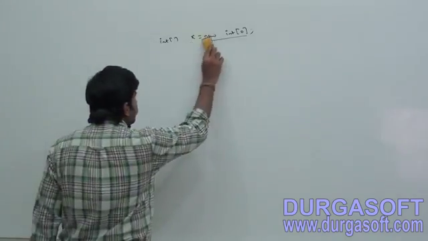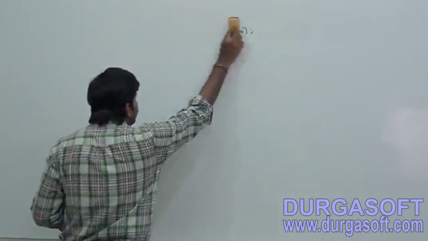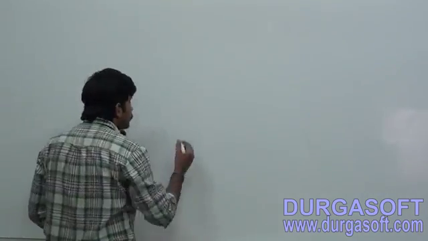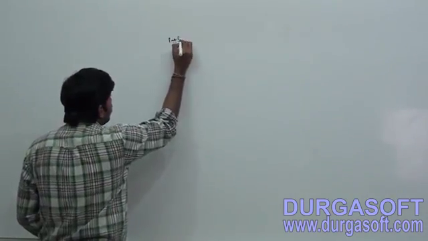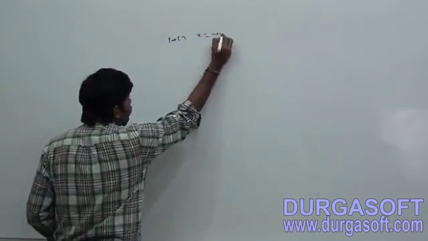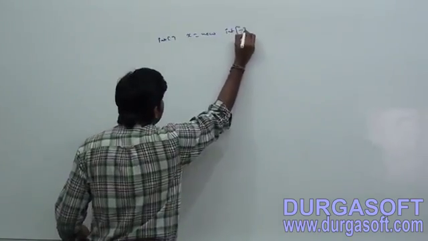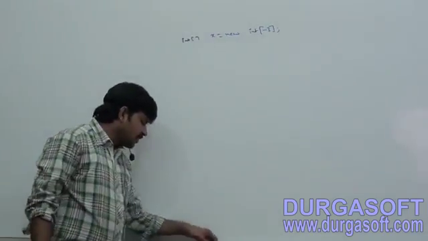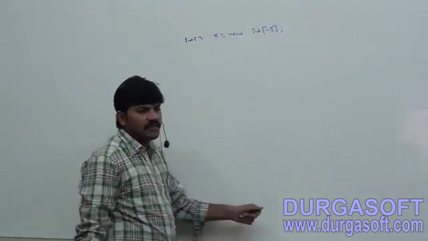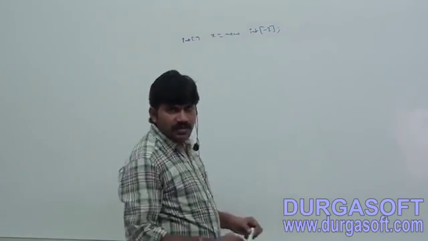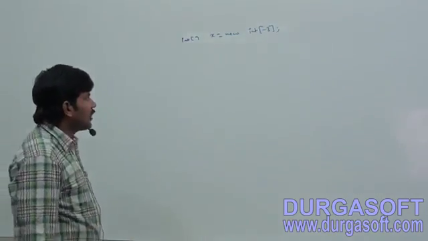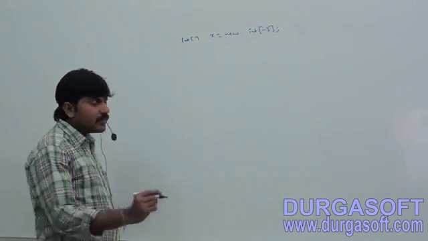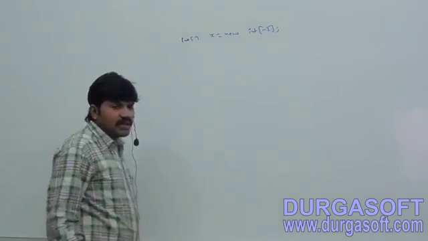Next one. Here, can you tell is it valid or invalid? I am taking int[] x = new int[-3]; size minus 3. Valid or invalid? Invalid. What is the reason?